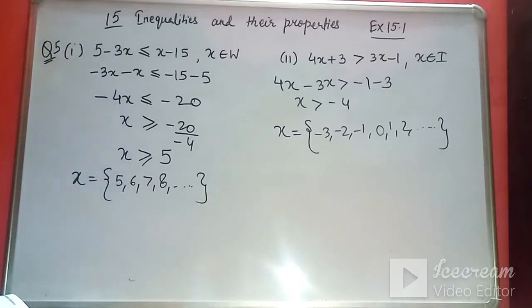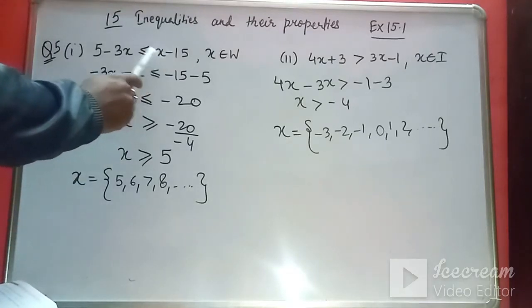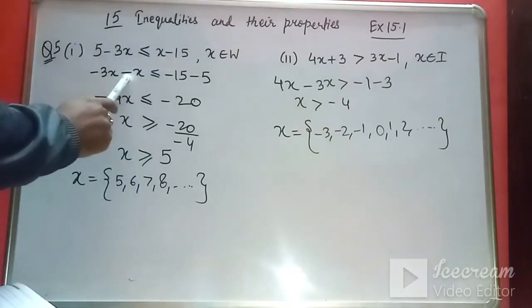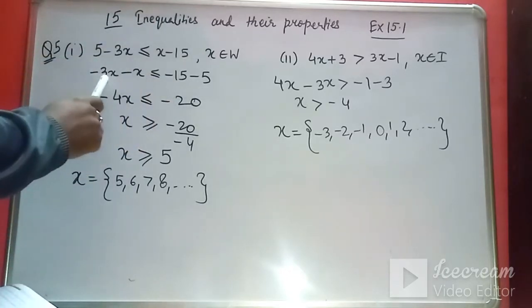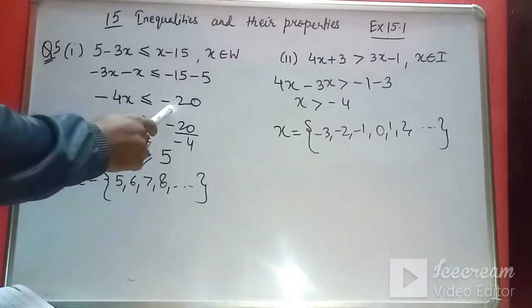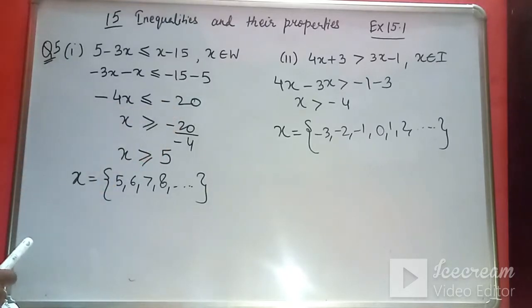First is 5 minus 3x is less than equal to x minus 15. So I will transfer this x here, it becomes minus x, and this 5 will come here, it becomes minus 5. So it will be minus 4x less than equal to minus 20.